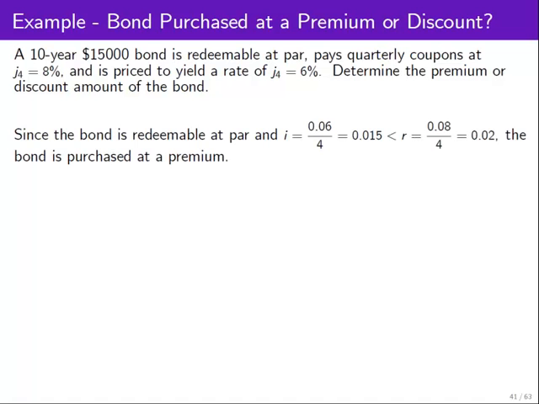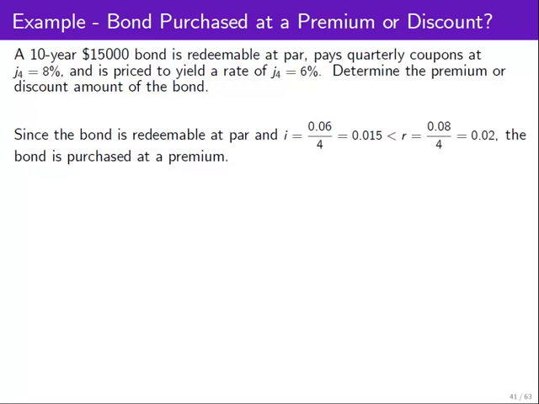Also, the bond pays quarterly coupons at J4 equals 8%, which means the coupon rate r is 2% per period.